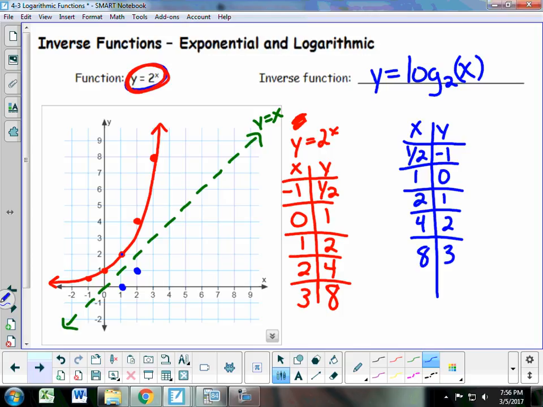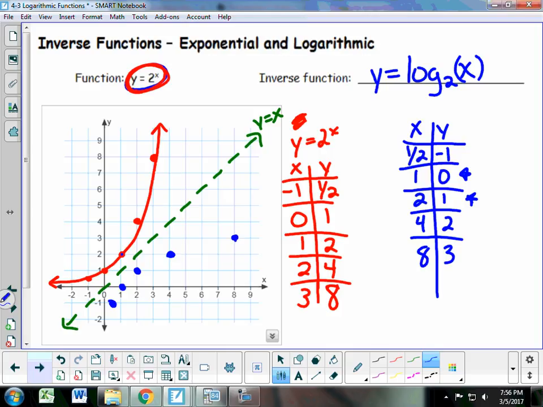And we can plot those points. And I've already plotted two of them. I've plotted 1, 0, and what is that, 2, 1. Okay, so 1/2, -1. So over a half, down 1. So that'd be about there. Okay, and then over 4, up 2, right here. Over 8, up 3, right there.